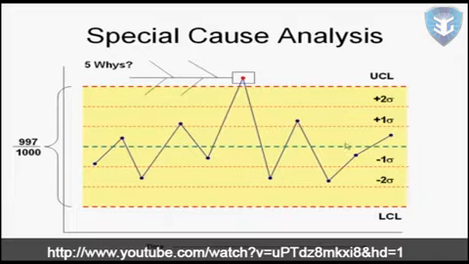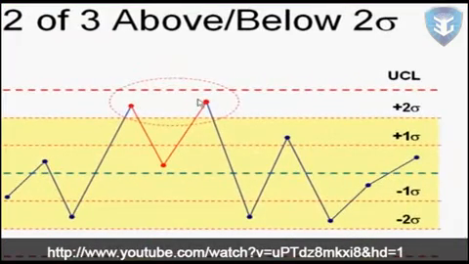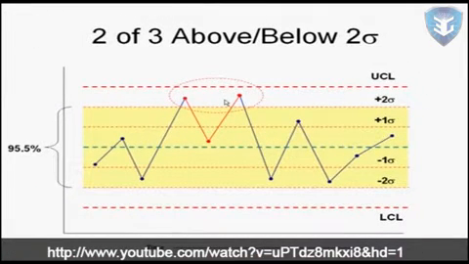Now, given that we have all these other lines, we can figure out some other potentially unstable conditions. So here you can see Zone B, we should have 95% of our data points in there. But if we have 2 out of 3 above 2 standard deviations or below 2 sigma, then that's 2/3 of your points outside.